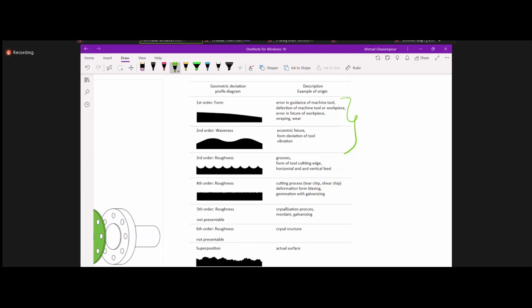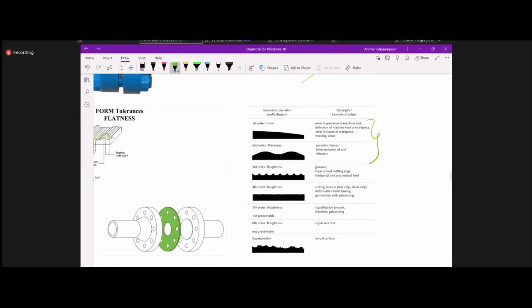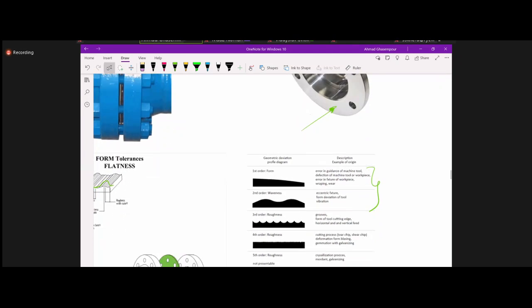So these are caused by machine tools themselves. That's the inexactness of the surface based on those. Roughness and the different levels of roughness is not what's controlled by flatness tolerance.